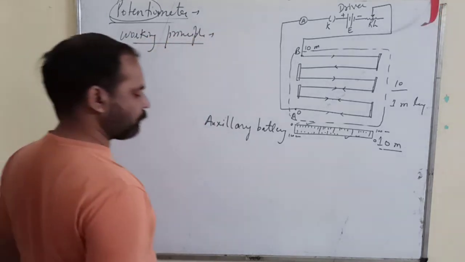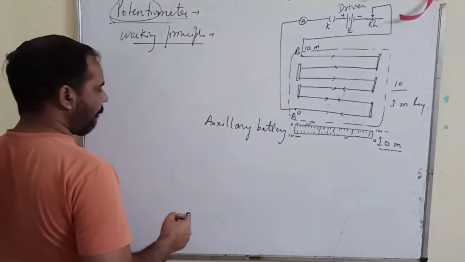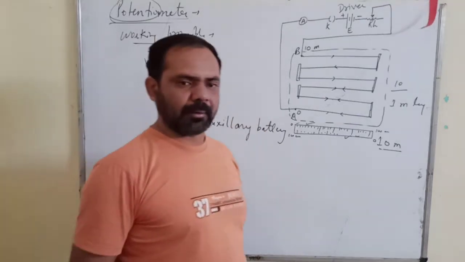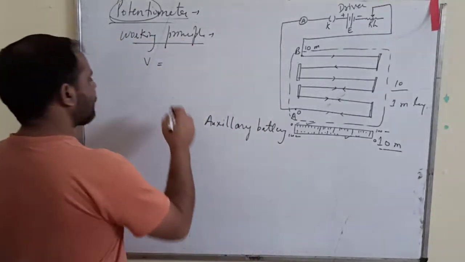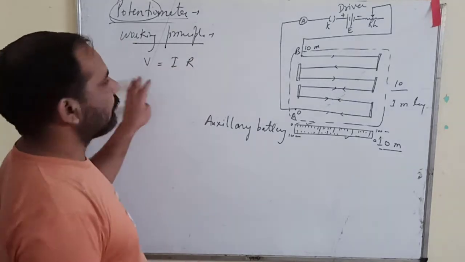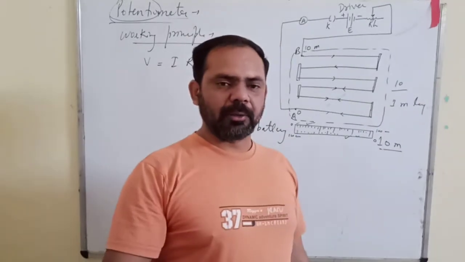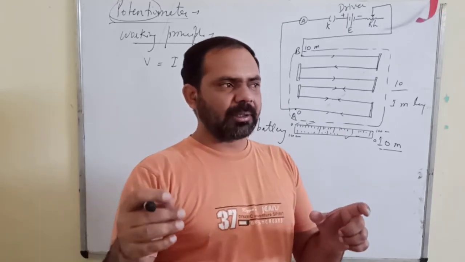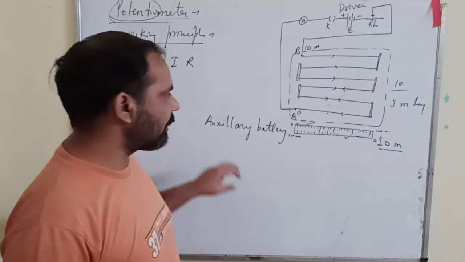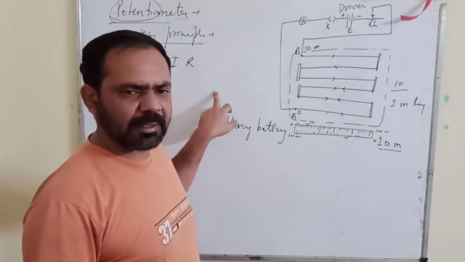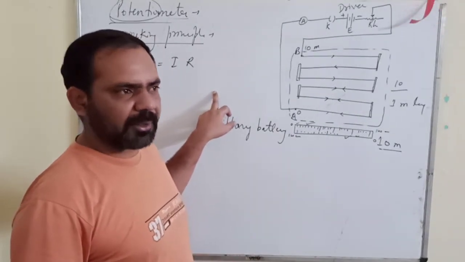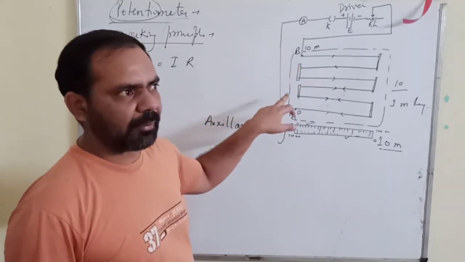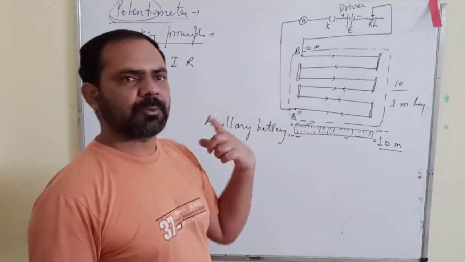We know that the potential drop across any conductor is equal to IR by Ohm's law, in case the condition is not very much affected by the change in temperature and pressure. The pressure is not changing and we have taken constantan wire, due to which the effect of temperature is very low.